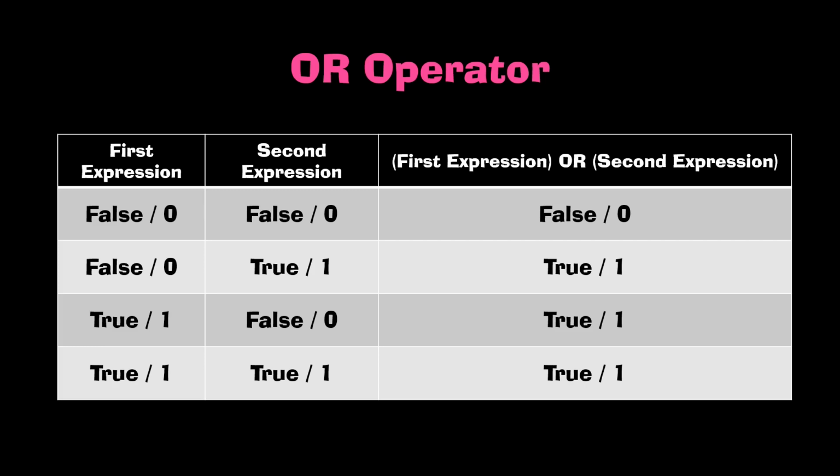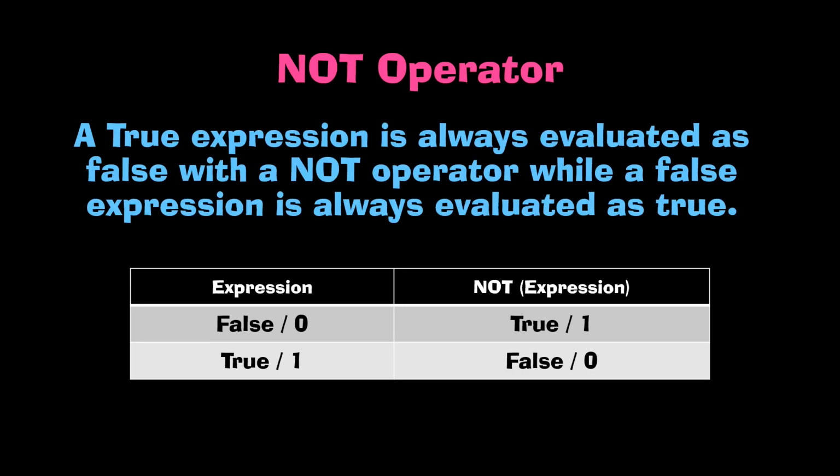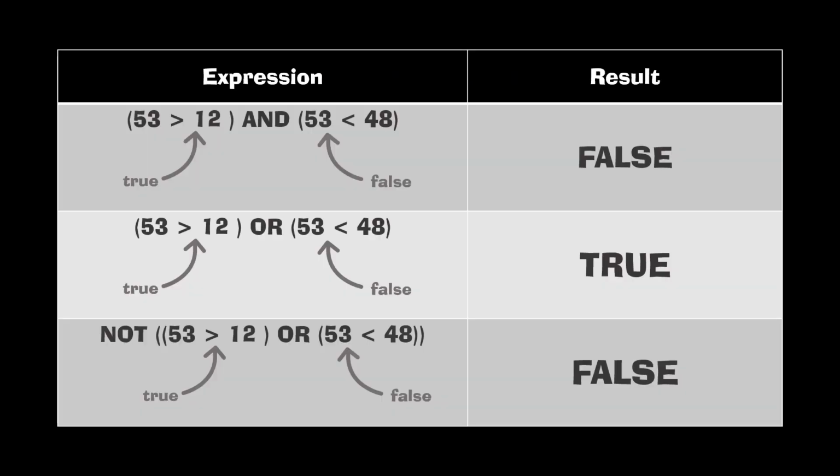NOT operator is completely different from AND and OR operators. Even in the way we form the operator, we can see the difference. A true expression is always evaluated as false with a NOT operator, while a false expression is always evaluated as true. You can see for two same expressions how the result changes when we change the logical operator.